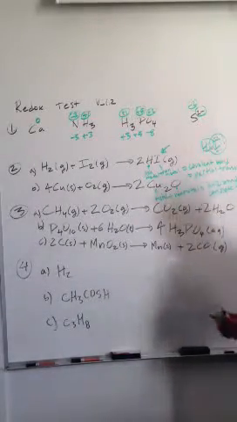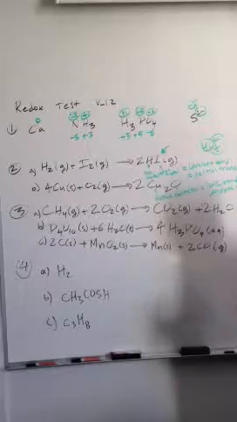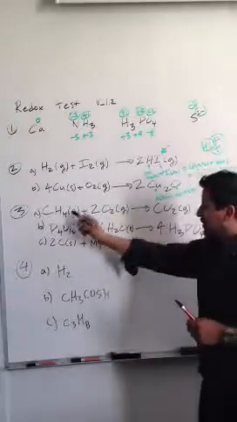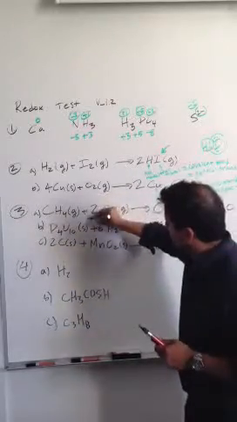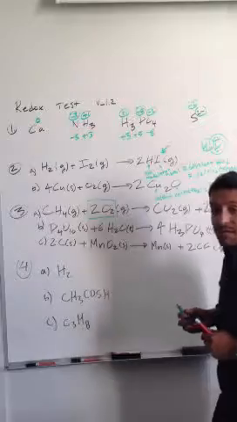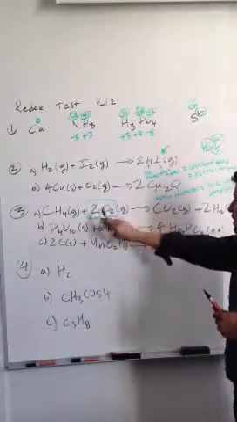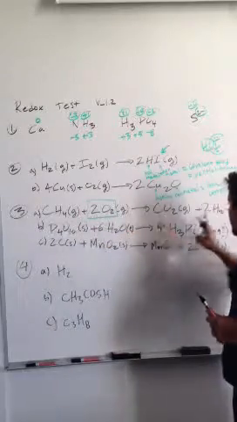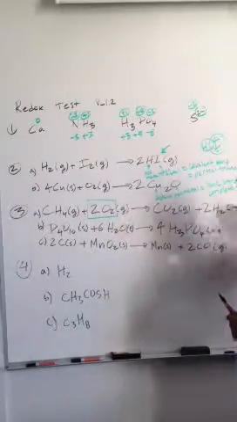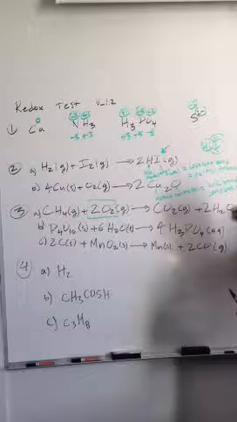That's it. The next one is to determine the reaction types. First one here, well, when you see oxygen, O2, you know immediately it's going to be a combustion reaction. Check the products. When you combust carbon and oxygen, you get CO2. Hydrogen and oxygen, you get H2O. So this is straight up combustion.